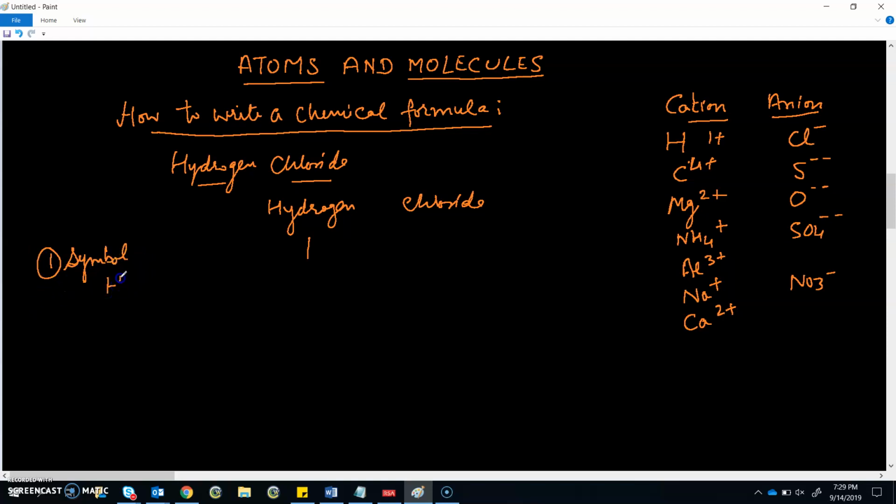You can take the example of hydrogen is H. And the second is the combining capacity of the element, that is called valency. How many atoms can combine with the other? This is called the combining capacity. I can teach you with the help of examples so that it will be clear.